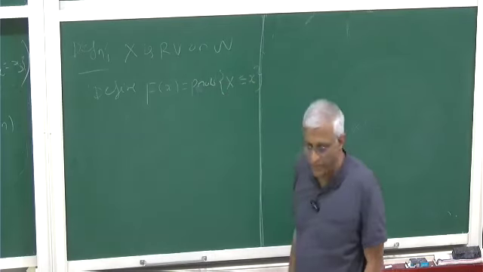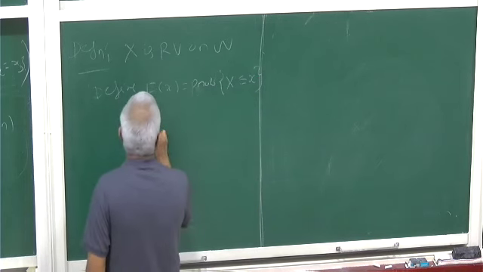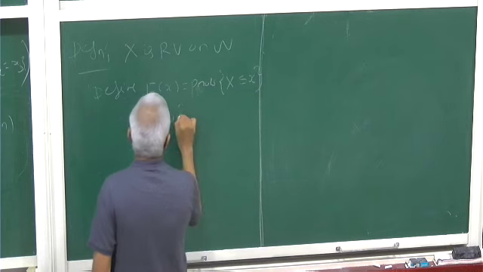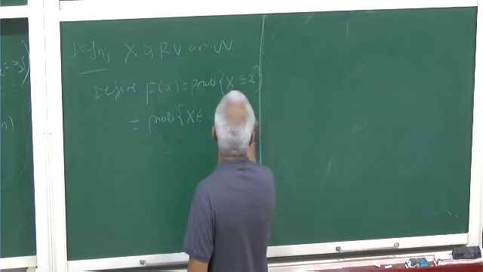That's all. This is the same as the probability of the set x is in minus infinity to x.